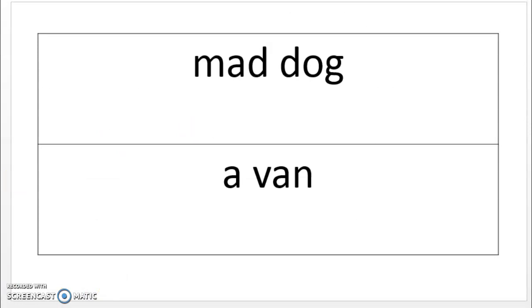Let's look at the phrases that we have here. They're not sentences, but they're parts of a sentence. We call them phrases. Take a minute to read the first phrase. Okay, do the sounds with me. Mad, dog.